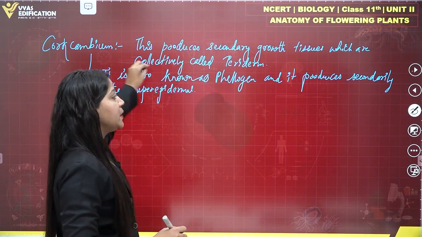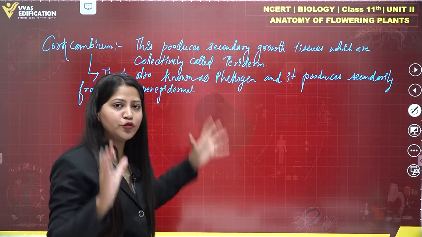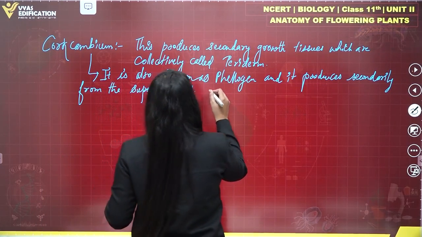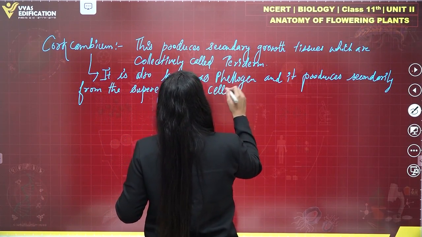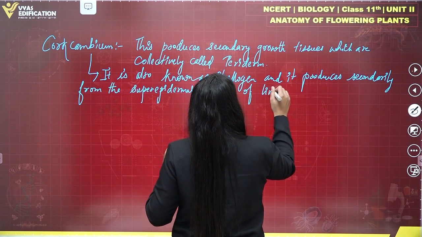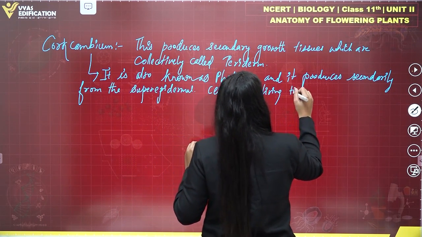This cork cambium is produced from the outermost epidermal layer, the epidermal cells of living tissue.